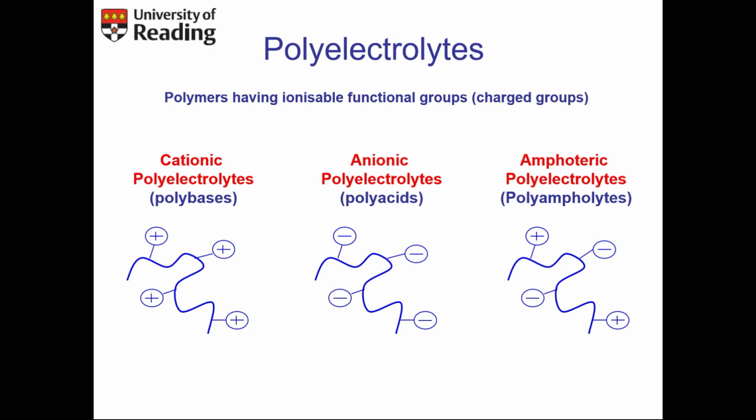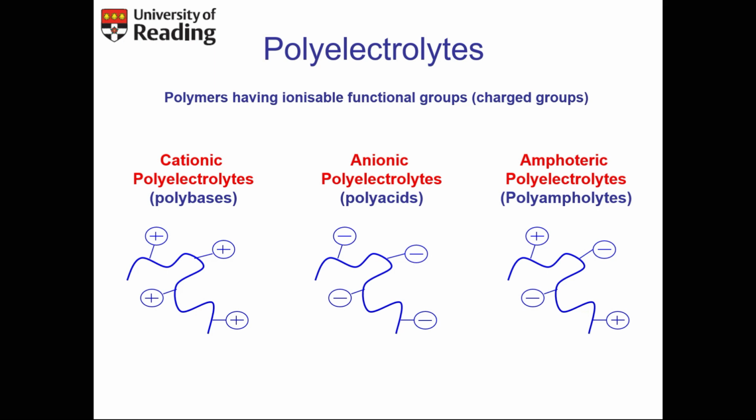One special class of polymers we considered is called polyelectrolytes, and polyelectrolytes are defined as polymers having ionizable functional groups, which means that in their macromolecules some charged groups could be present. Depending on the types of charged groups present in the macromolecules, they could be classified into three types. They could be cationic or polybases.